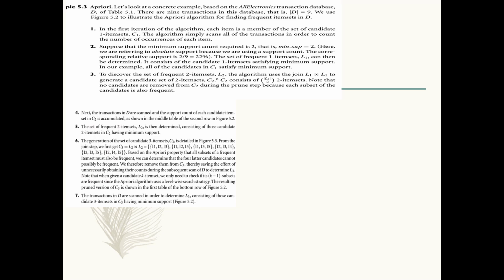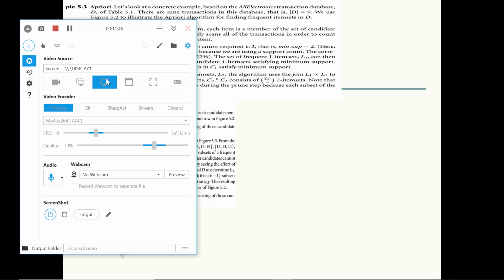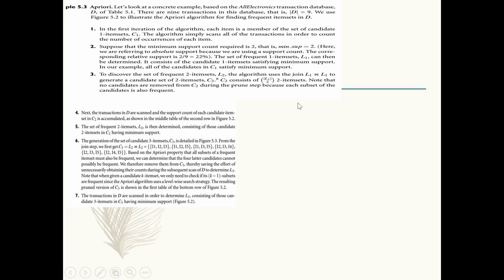Now what after that? After L3 also we should go for the next run. Now in the next one, what is happening? The transactions in D are scanned in order to determine those candidate 3 item sets.